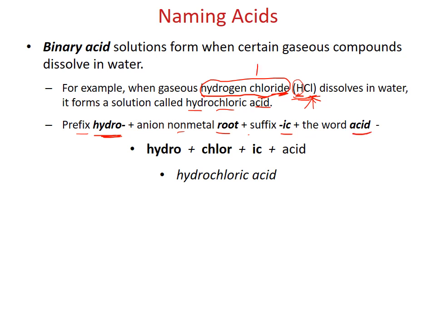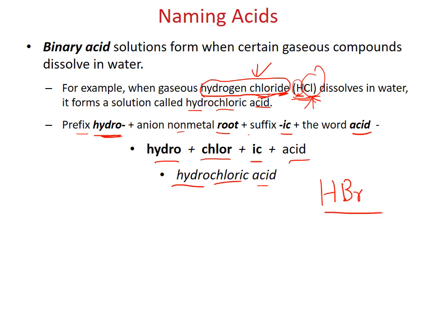So hydrogen chloride becomes hydro, not chloro. The root of chlorine is chlor, then chlor plus ic, and then acid. So hydrochloric acid. Okay, what about hydrogen and bromine?